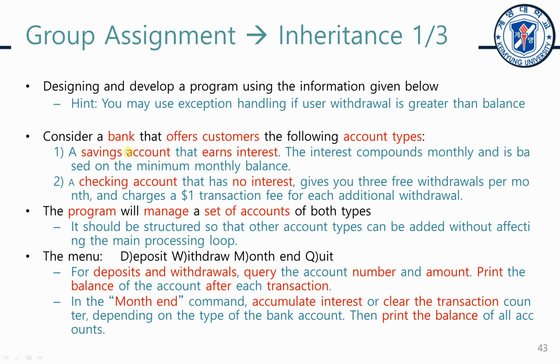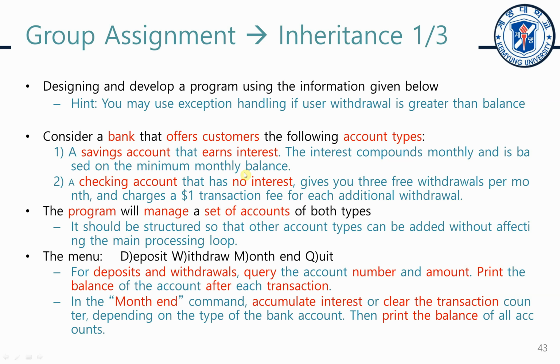So a bank offers a customer two types of accounts, which are the saving account and the checking account. The saving account earns interest, and the interest compounds monthly and is based on the minimum monthly balance. That means for the saving account, you can increase some money on top of it every month.